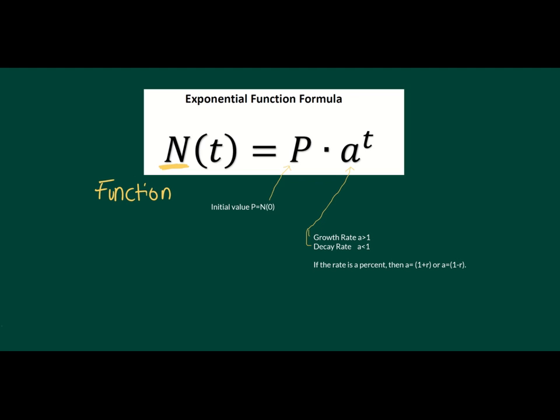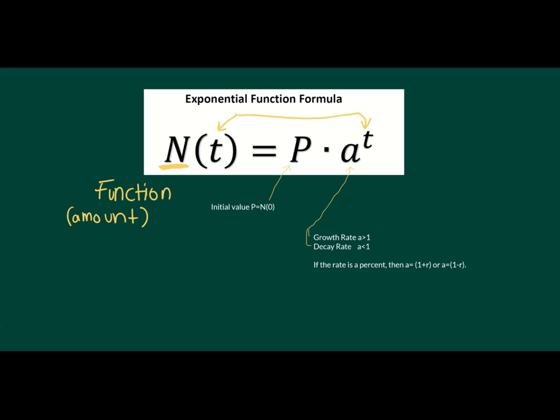This is typically what we're looking for, some amount that we're tracking, which would be from the context. It's a function of t. T is the input variable, and it shows up in two places. It shows up in the function notation at the front, and that same t shows up in the exponent of the growth rate or decay rate.